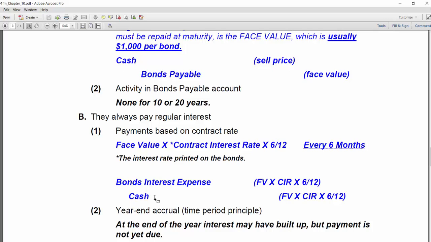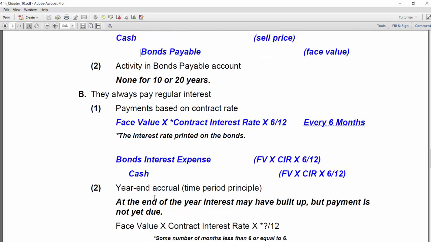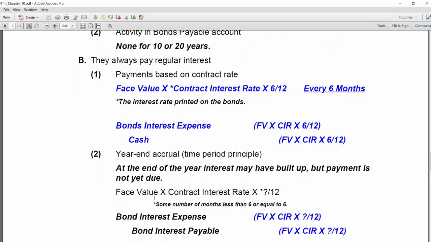Now, if you come to the end of a year and you have a year-end accrual, then you're going to have to take the face value times the contract interest rate, and then some number of months, 6 or less, over 12 will give you how much your interest expense and payable is for that period that you're accruing.